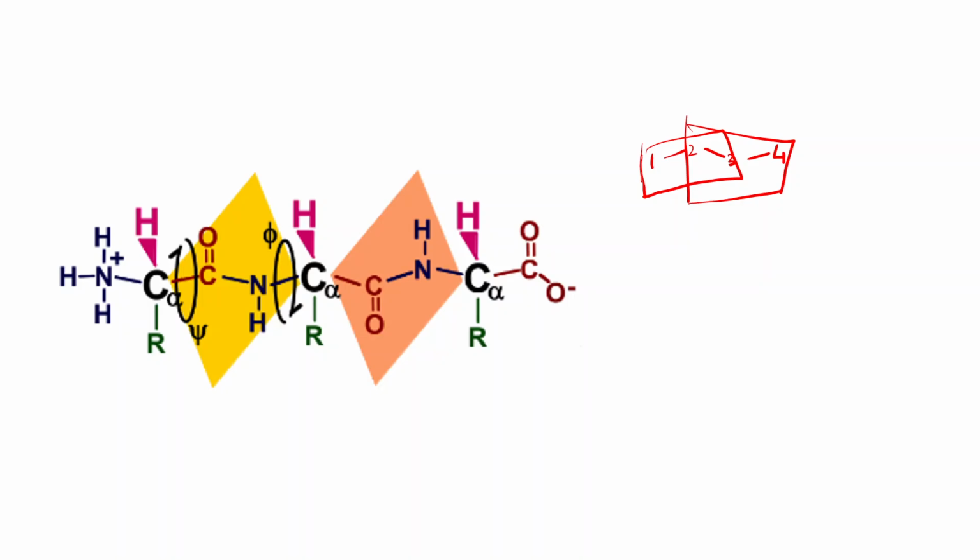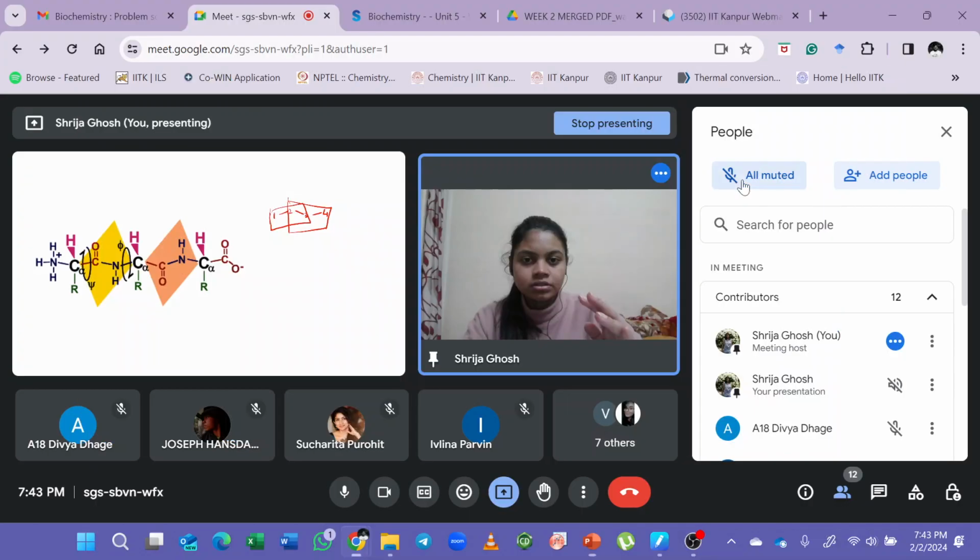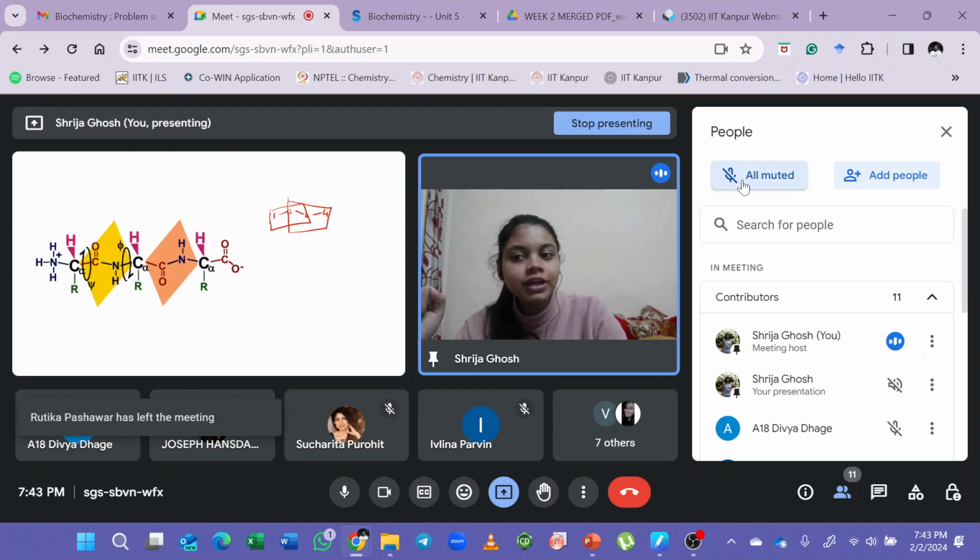It's basically like 2 planes attached like this. So the angle between the 2 planes. You can have an angle between C and C alpha, you can have an angle between C and N bond, but we are not talking about those angles right now.